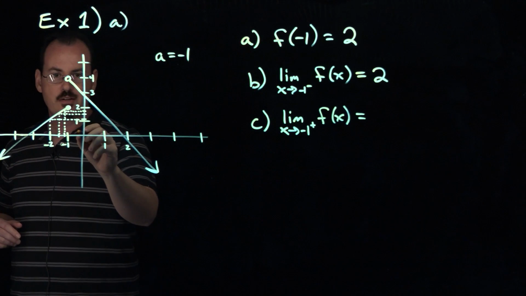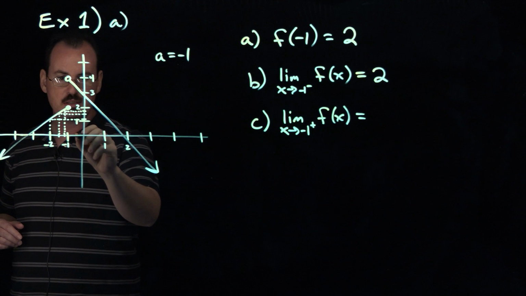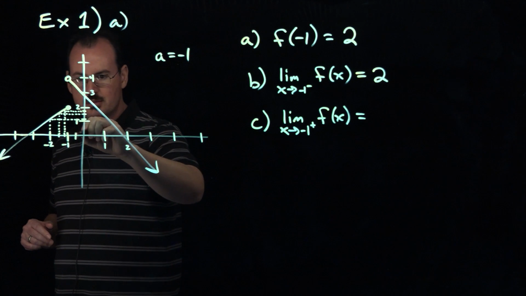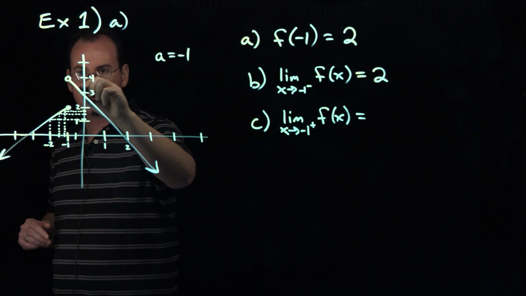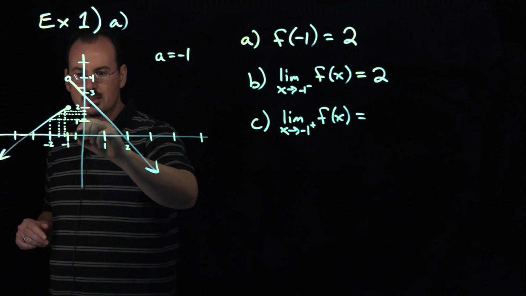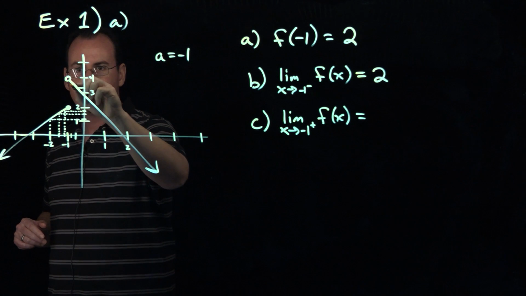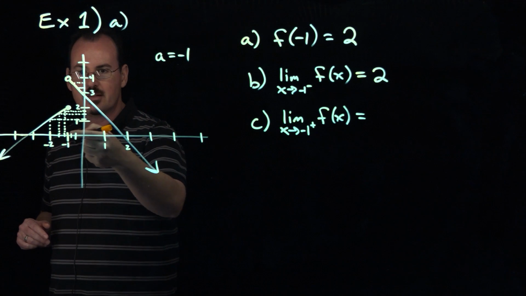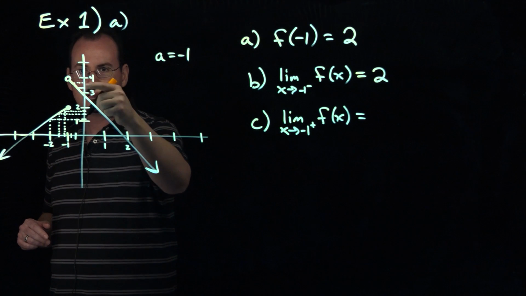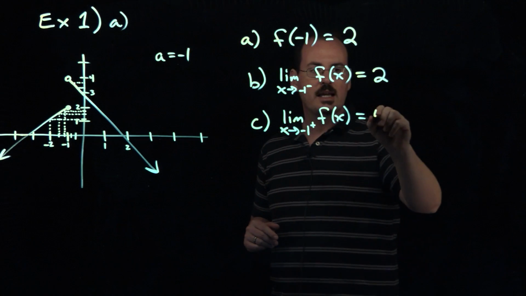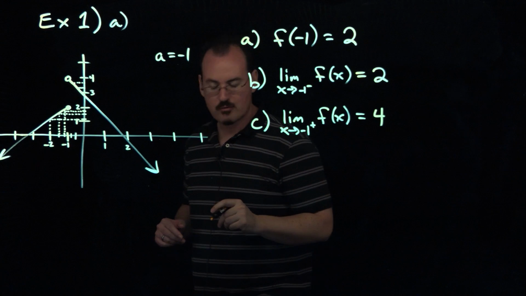So now if I start plugging in, this might get a little bit busy here, but see if I plug in like -0.5 here, I'm not going to draw the dotted line because it'll get too busy, but you see that the output value comes up here, and it's right there. Now if I get a little bit closer, I have to go up here, and I see that the output value is up there. So the closer that I get to -1 coming from this direction, it seems that the output values are getting closer to the number 4. So that is the limit from the right.